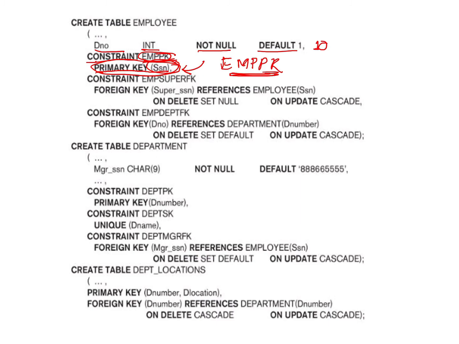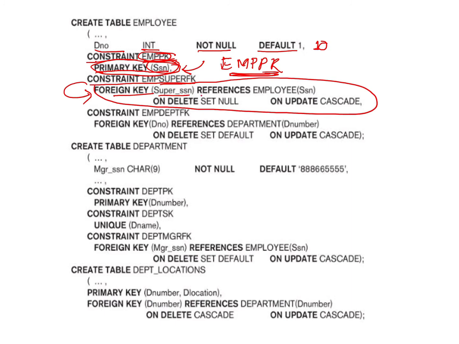So similarly, you can see constraint emp super fk, foreign key. So some appropriate name has been given. Now this constraint is referring to whom? To this entire thing here. So this entire thing which is mentioning that foreign key has to be this, which is going to refer employee ssn, and then on delete it is going to set null, on update it is going to cascade.